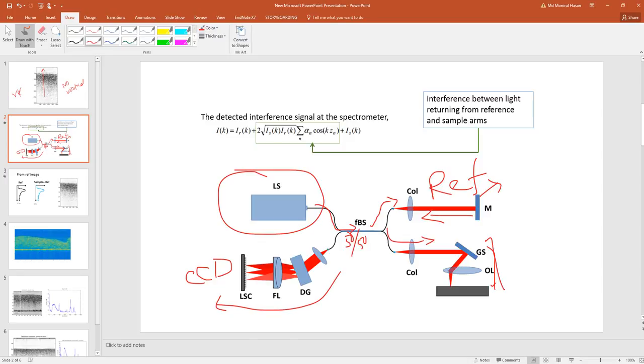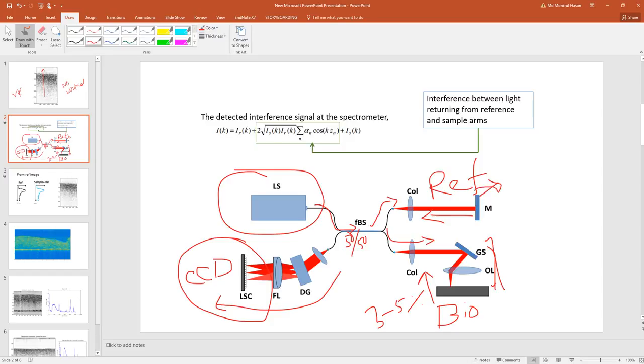Now say we image a biological sample. Of whatever amount of light we send, the returning light from a biological sample is usually 3 to 5%. So we are getting back in the CCD camera a very small amount of light from the sample.